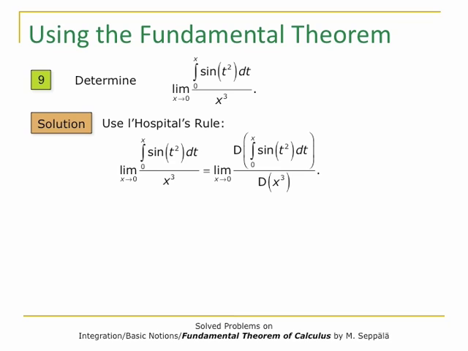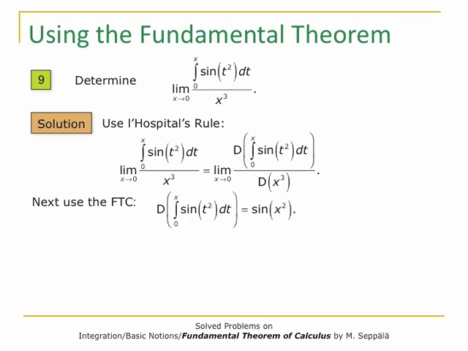Hence, the limit as x goes to 0 of the integral from 0 to x of sine of t squared dt divided by x cubed is the same as the limit as x goes to 0 of the derivative of the integral from 0 to x of sine of t squared dt divided by the derivative of x cubed, assuming that the right hand side limit exists.